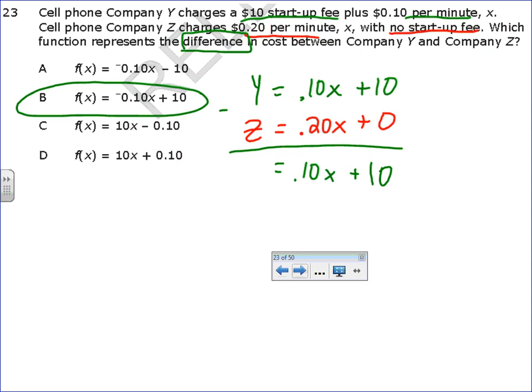Sorry, I knew something called. There we go. 10 minus 20 is -10. That's why. Okay. 10 minus 0 is 10, and 10 take away 20 is -10. That's why this is negative. All right.